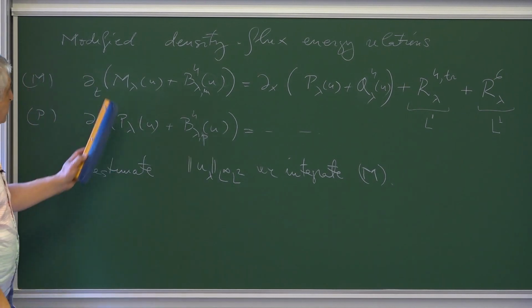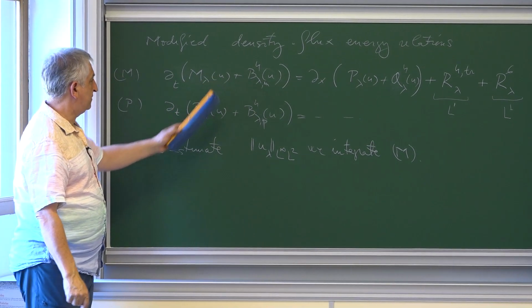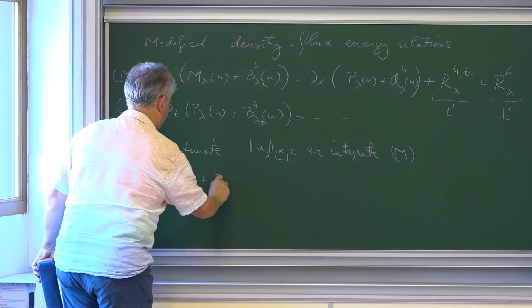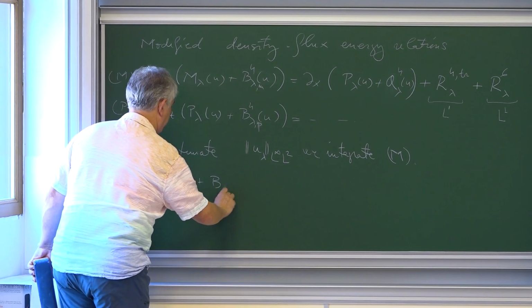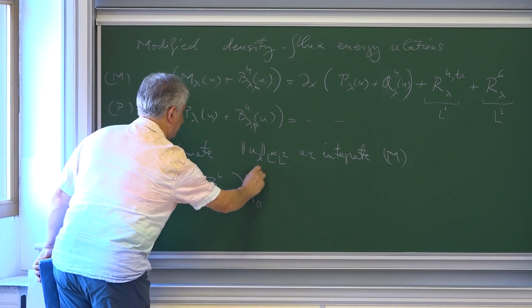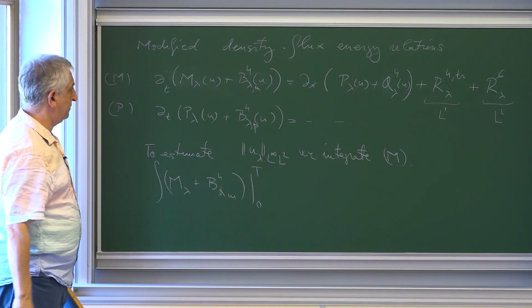And this gives us the difference in the two values of the masses at 2 different times. So this gives us m lambda plus b lambda for m evaluated between time 0 and time t in the integrated version.